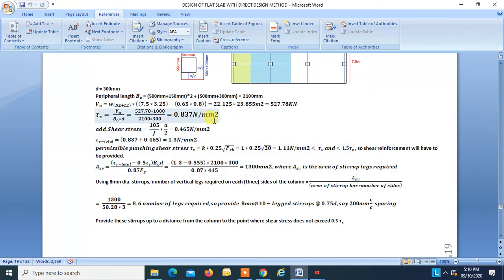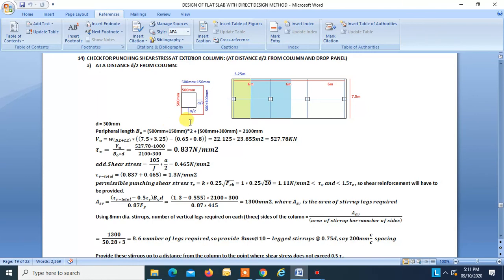BO is known to us, D is known to us. So we get area of steel ASV required is 1300 mm square. Now we want to find the number of legs. Then ASV divided by the area of stirrup bar into the number of sides.